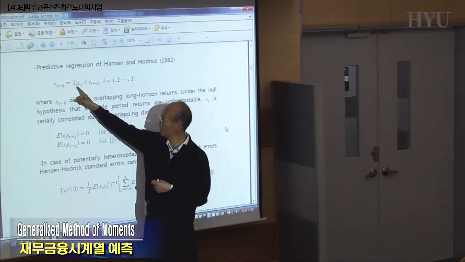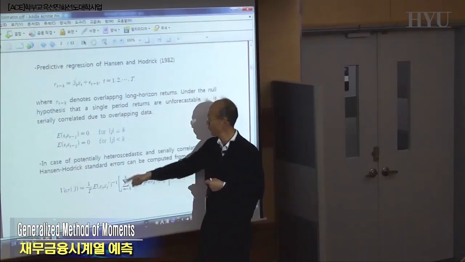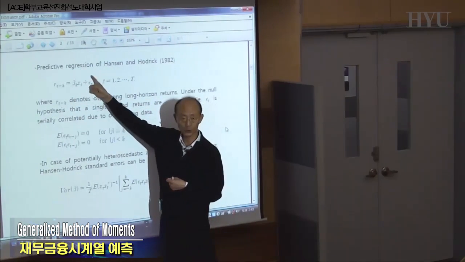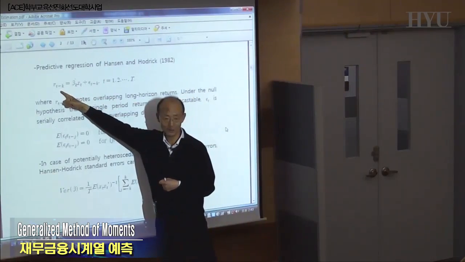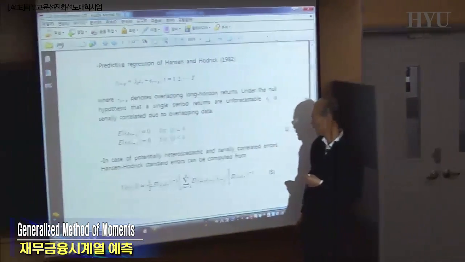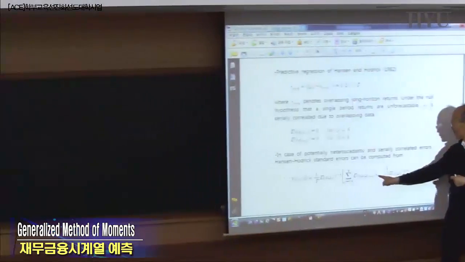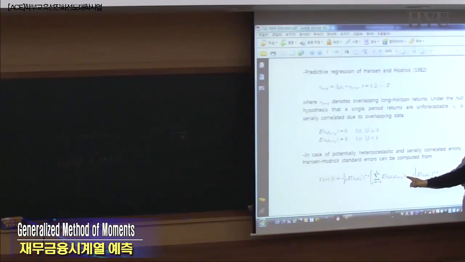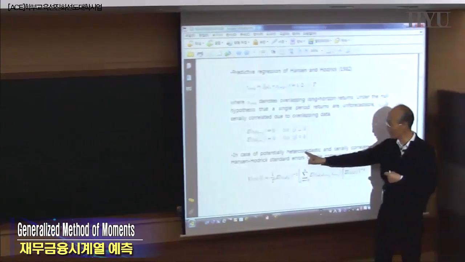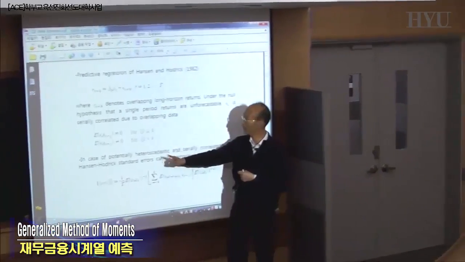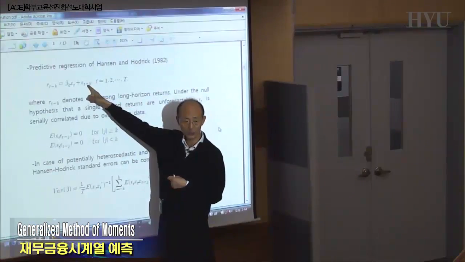But the variance considers potential serial correlation because of this. And epsilon t enters as it is, right? That means potentially heteroscedastic disturbance term is also considered.